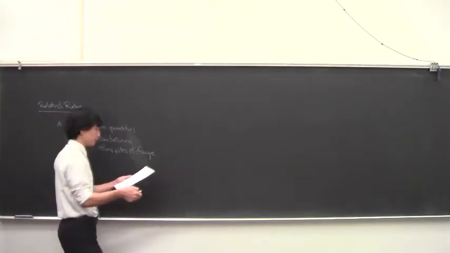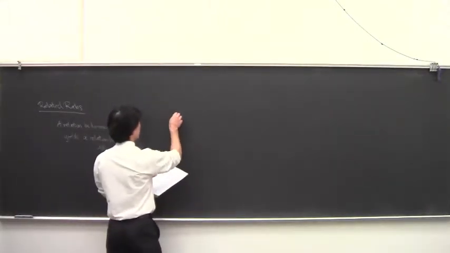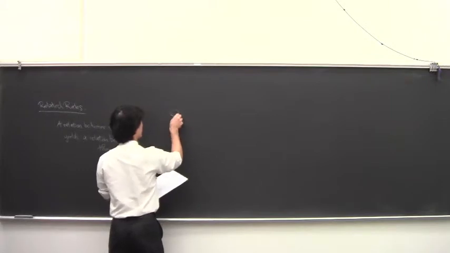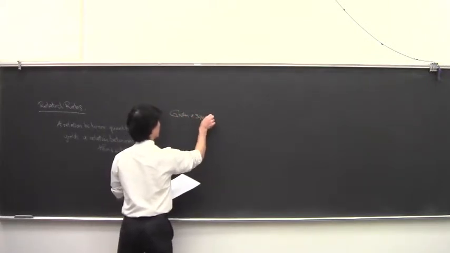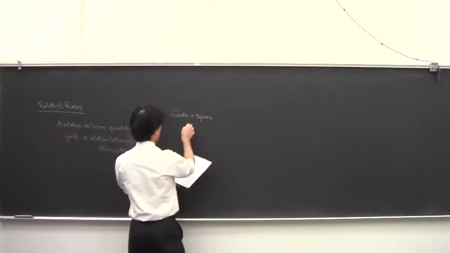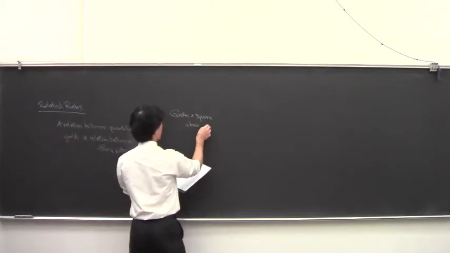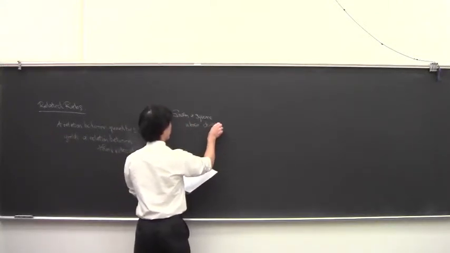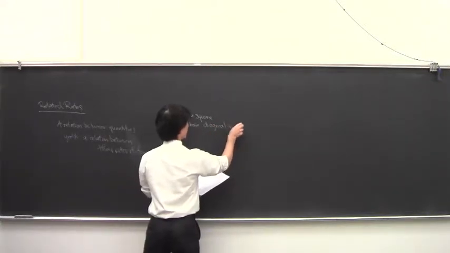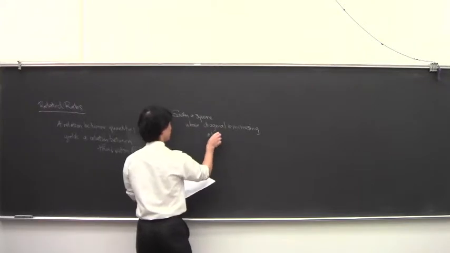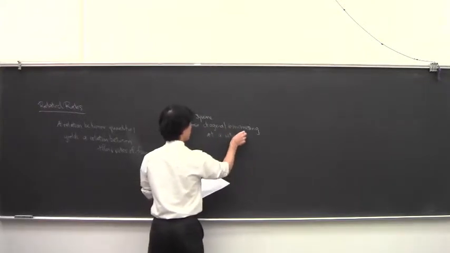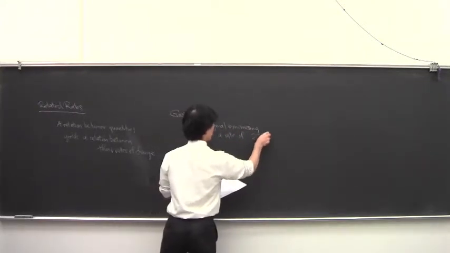Last time we started off with this example, right? Given a square whose diagonal is increasing at a rate of something. It was 2 centimeters per second, let's say.